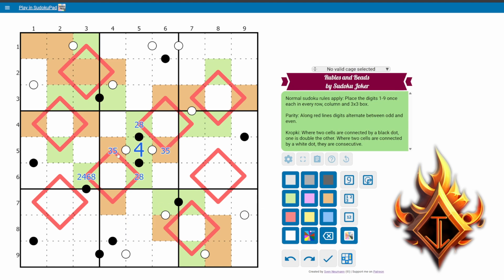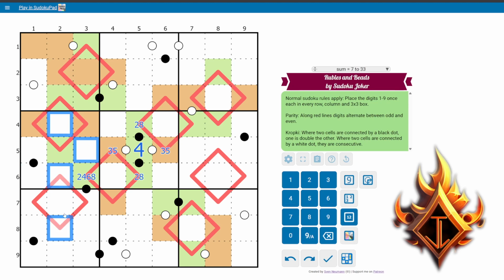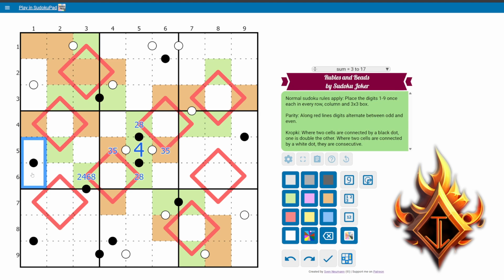If these are both even, it will make all of those odd. I guess that would not be, let's see.